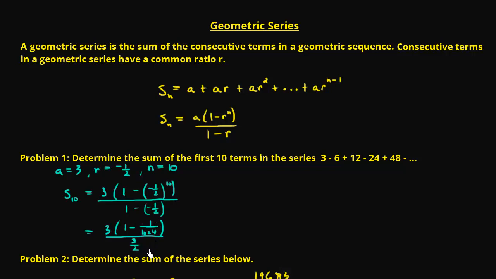Dividing by this 3 is the same thing as multiplying by the reciprocal, so we'll have 1 over 3 times 3 times 1 minus 1024, and 1 minus 1024 is negative 1023.